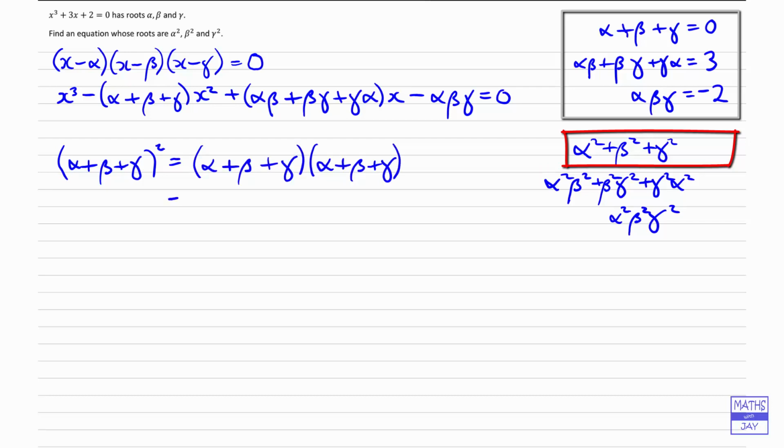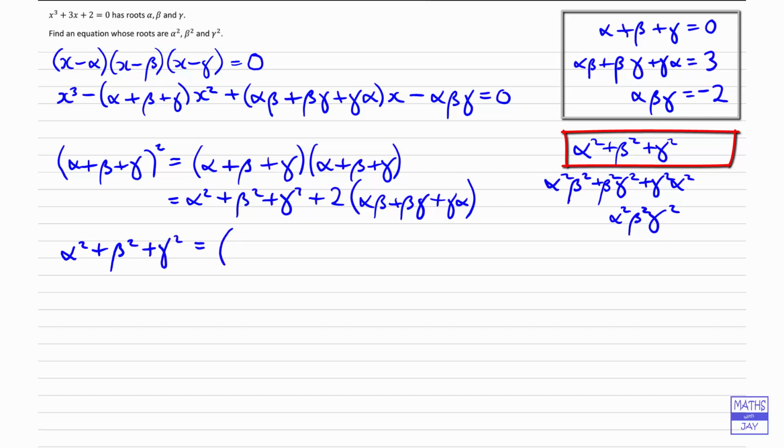So when we multiply out those brackets, you can see that we get alpha squared plus beta squared plus gamma squared, and we'll also have 2 times (alpha beta plus beta gamma plus gamma alpha). So you can see there that we've got all 9 terms from multiplying out those 2 brackets. And remember, we're trying to find alpha squared plus beta squared plus gamma squared. So let's now make that the subject.